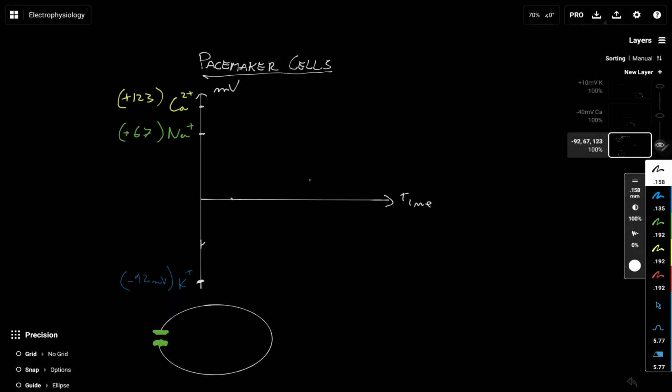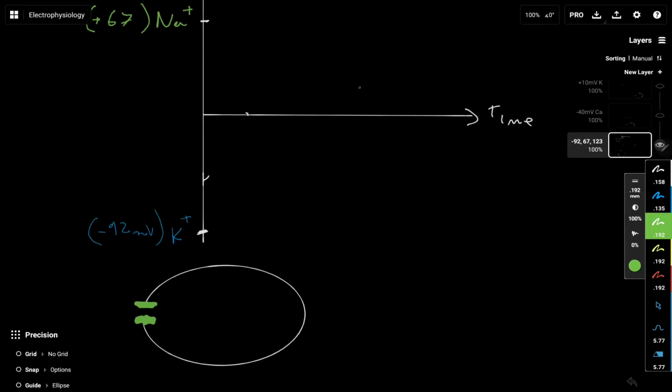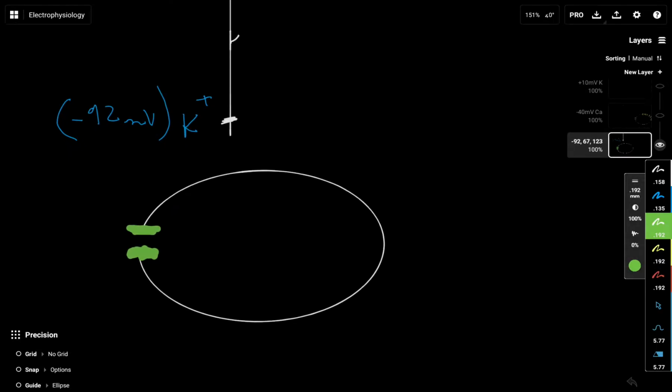What's going to happen at that point? Look at our pacemaker cell down here. Pacemaker cells are attached to each other via gap junctions and leaky channels. These leaky channels are constantly open and allow for a constant, slow influx of ions. In the case of a pacemaker cell specifically, these are sodium leaky channels.